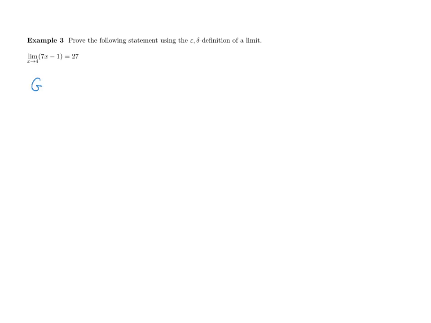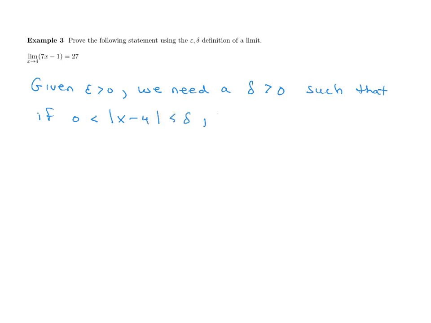So I'll say, given epsilon greater than 0, we need a delta that's greater than 0, such that if 0 is less than the absolute value of x minus 4 is less than delta, then we have the function, which is |7x minus 1 minus 27| is less than epsilon. So that's what we're looking to do.